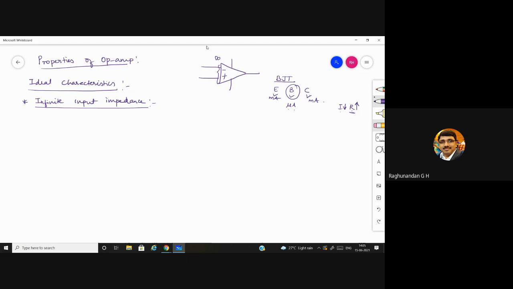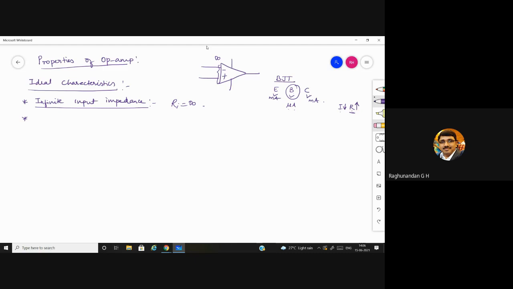So because of that, we say input terminals will offer high impedance, high resistance. So ideally speaking, it will not draw any current. So we say the input impedance is infinity.